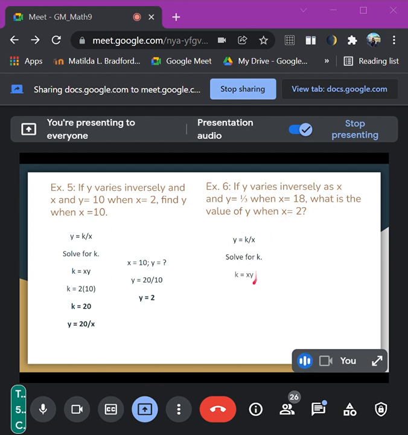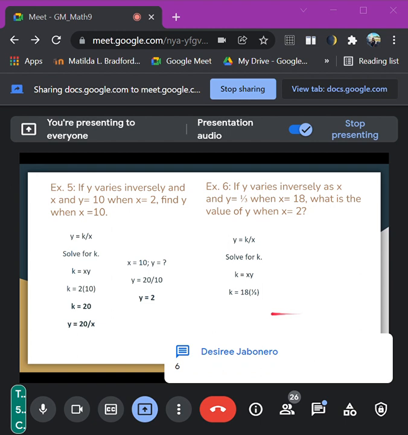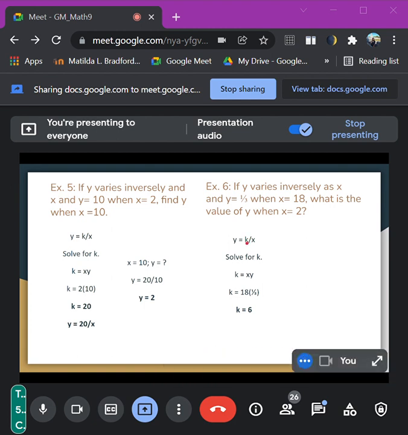So, we can have k is equal to x times y. So, what is 18 times 1/3? Okay, that is 6. So, your k is 6. So, you substitute it here. So, you have y is equal to 6 over x.